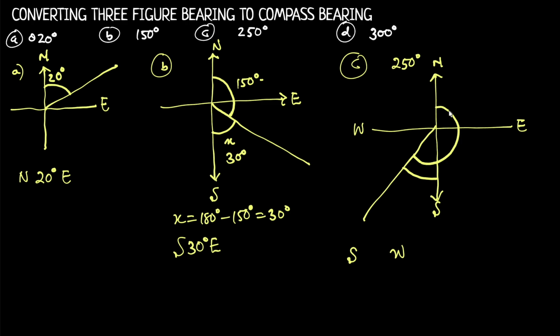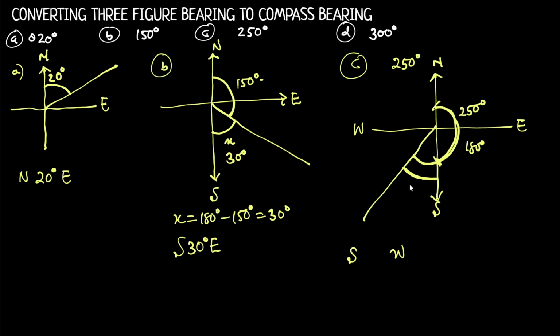Now the whole of the angle here is 250 degrees. So to get the angle here, you just have to be calculative enough. How do we get the remaining angle here? We know that from this part here to this part is 180 degrees, but we pushed further into the zone to get 250.